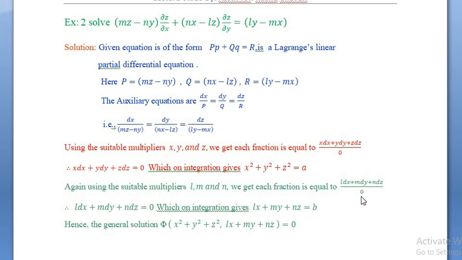Comparing this ratio to any of the ratios of the auxiliary equation, we get l dx plus m dy plus n dz is equal to 0, which on integration gives lx plus my plus nz is equal to b. Hence, the general solution is phi of x square plus y square plus z square, comma, lx plus my plus nz is equal to 0.